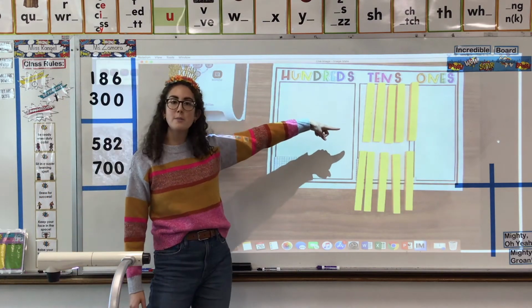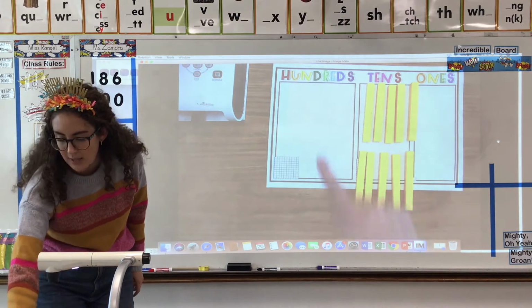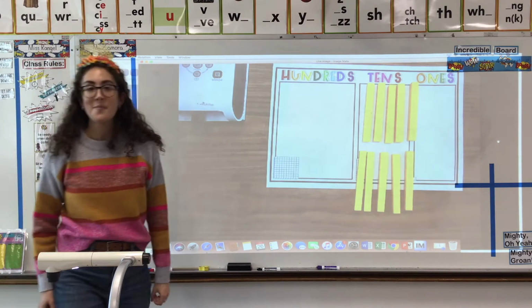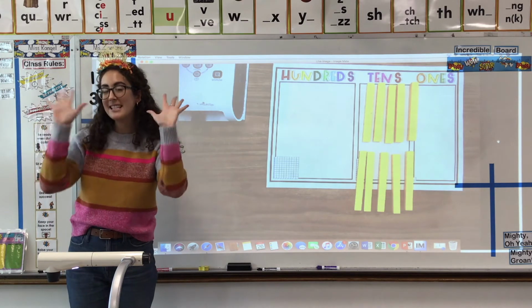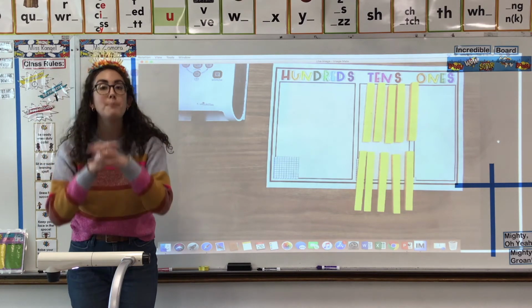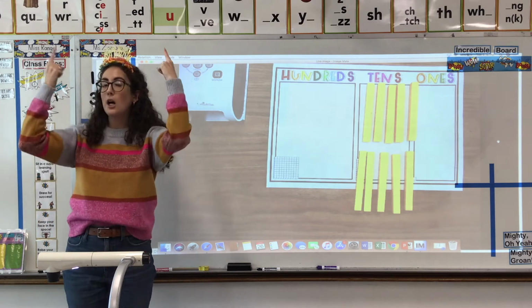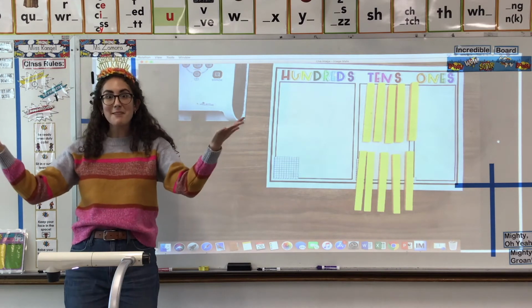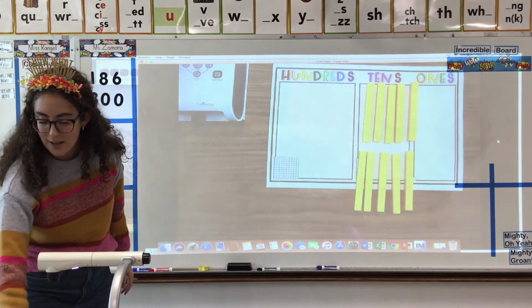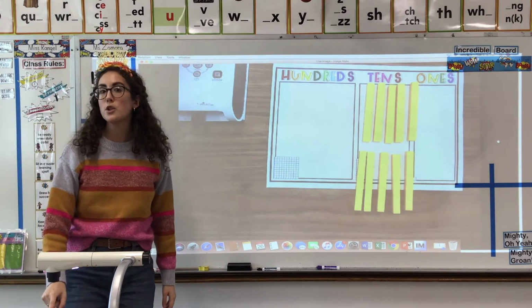What do you notice, awesome people? How many tens do we have? How many tens? 10. Can we bundle them together to make a larger unit? Yes, we can.